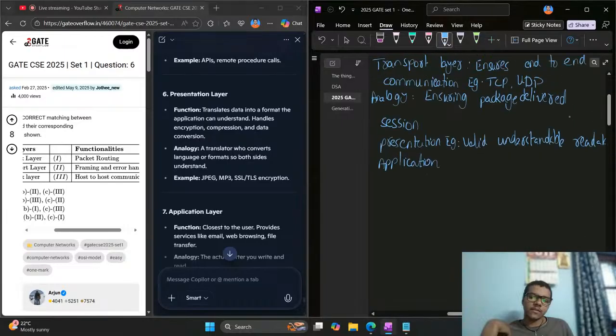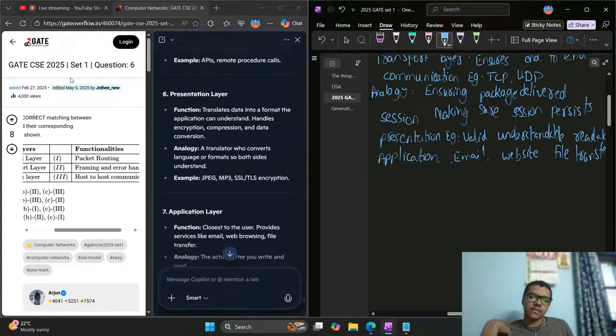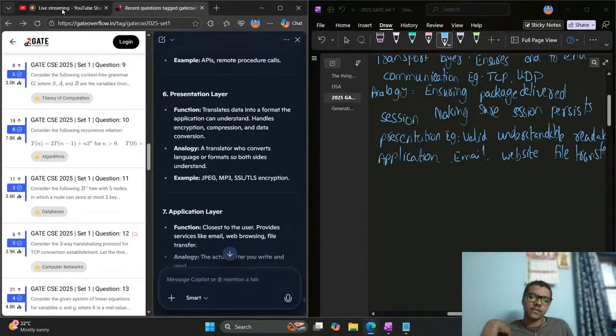Session: making sure the session persists. Application layer: email, website, file transfer. Oh yeah, FTP is there as well, File Transfer Protocol. We have spent more than enough time on this question.